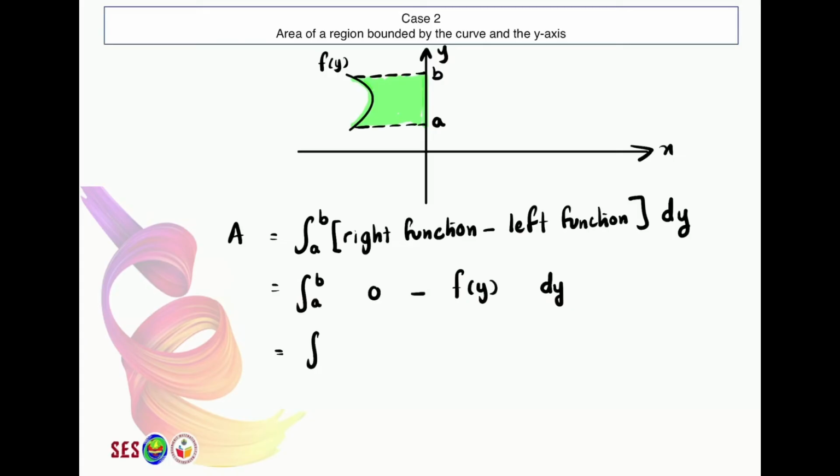And then we'll get this formula, the integral from a to b of (0 minus f(y)) dy. We can bring the negative out, negative integral from a to b of f(y) dy. So you'll obtain this formula. Next we're going to look into more examples.